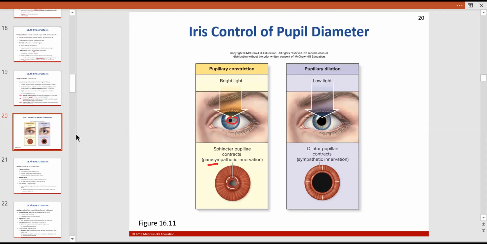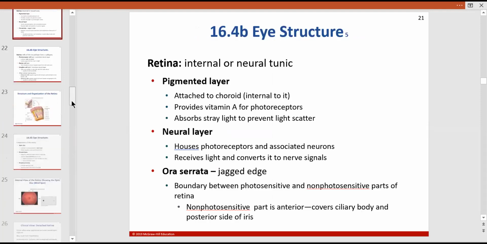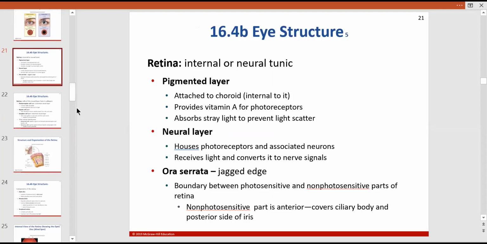You can see the pupil is wider, allowing more light in, and you can see how these muscles work. You have these radial muscles, and the more circular muscles on the sympathetic side, changing the size of the pupil. Pupil, remember, is the opening.